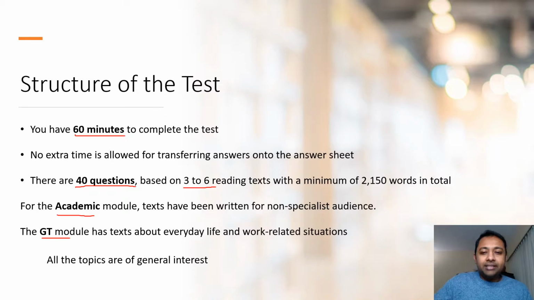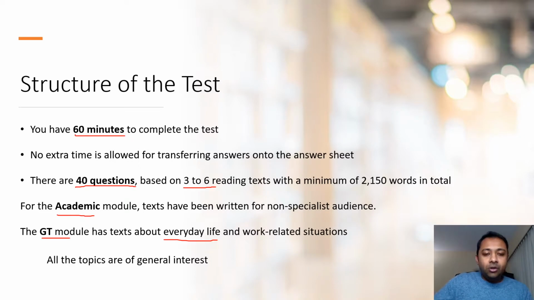In the academic test, the texts have been written for a non-specialist audience, but again, it is something close to the academic paper. So you will have specialized or specific fields that you get the passages from. On the other hand, the general training module is about everyday life or work-related situations.